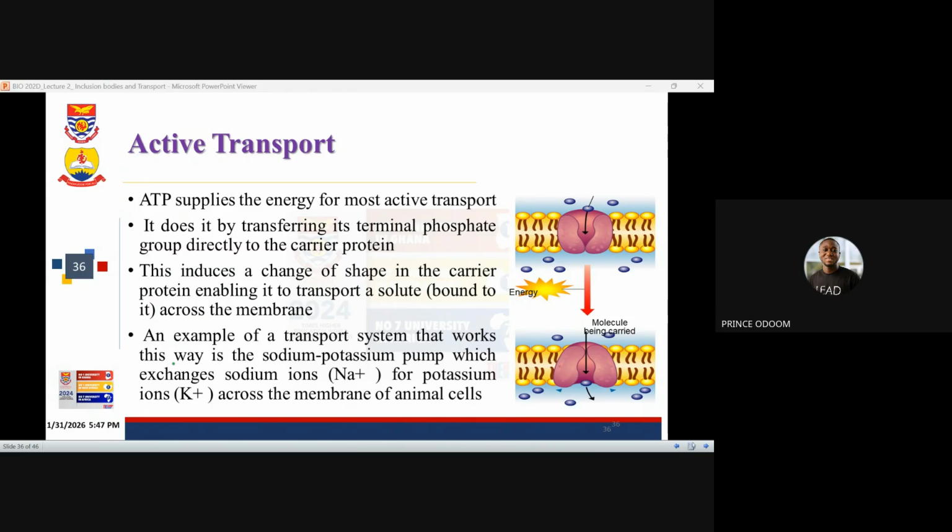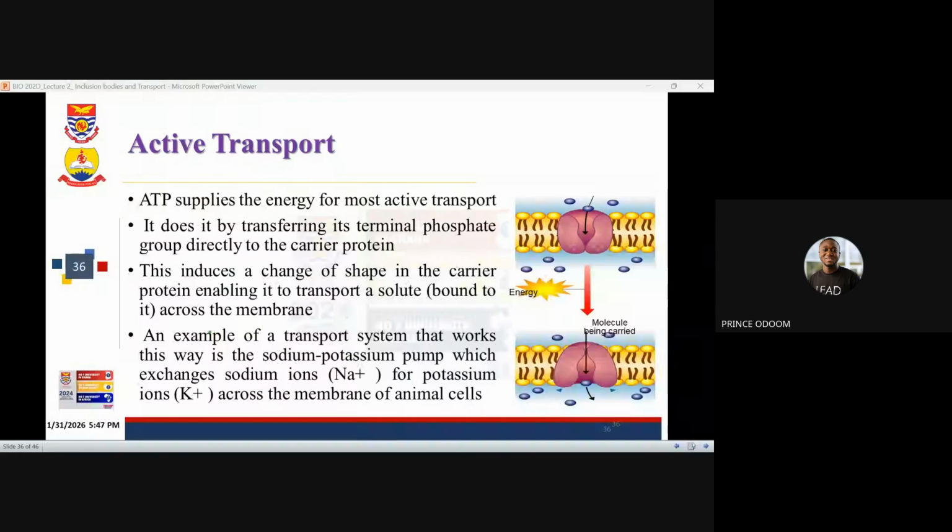So before you release the energy, you have to release your terminal phosphate. Why do I keep saying protein? When you release the terminal phosphate, it bonds directly to the carrier protein, and once it does that, it changes the shape. For instance, we've been playing the bricks game. Remember the bricks game? When the brick is moving and you add something to it, automatically you change the whole shape of the brick.